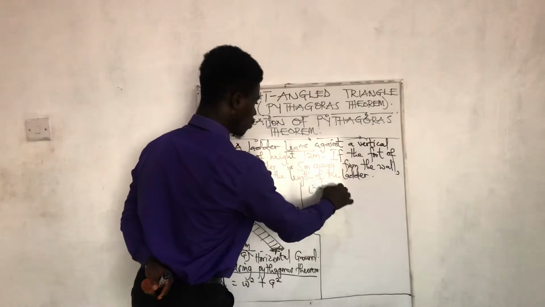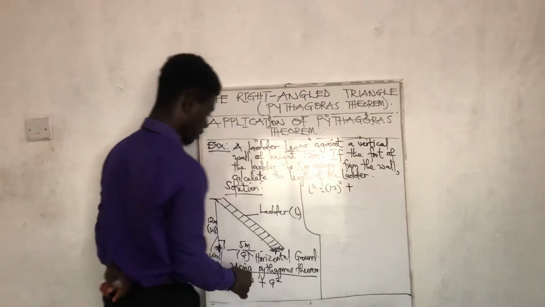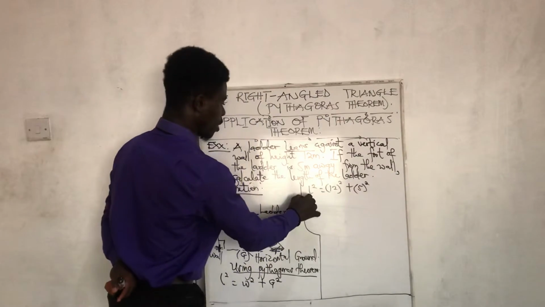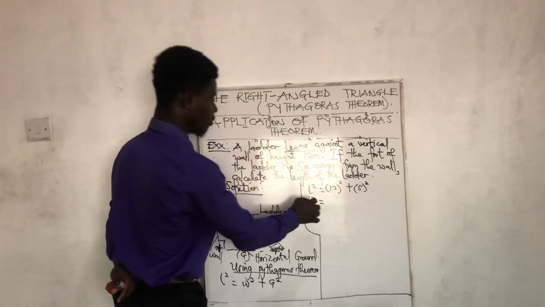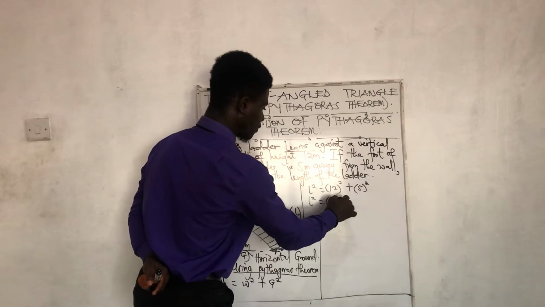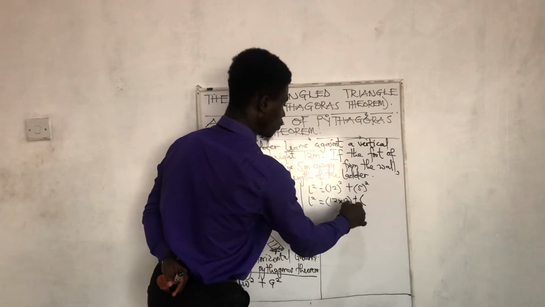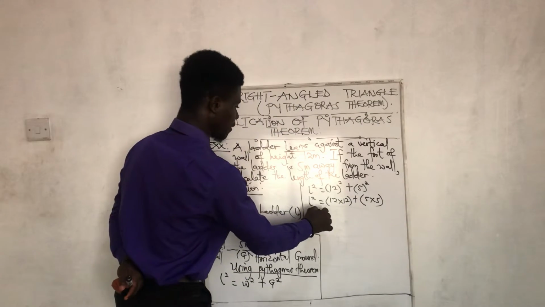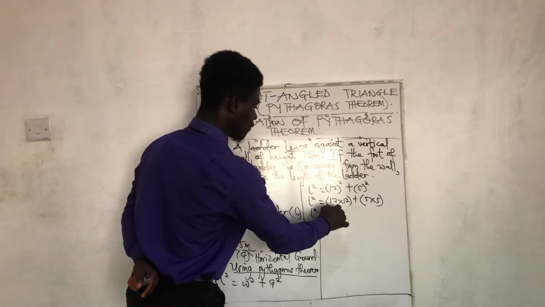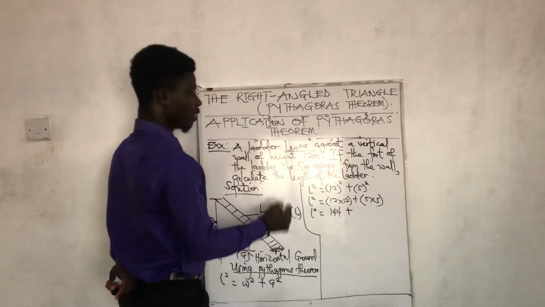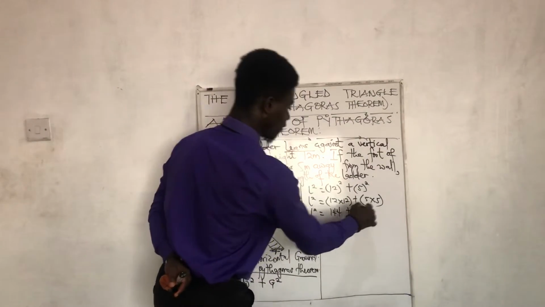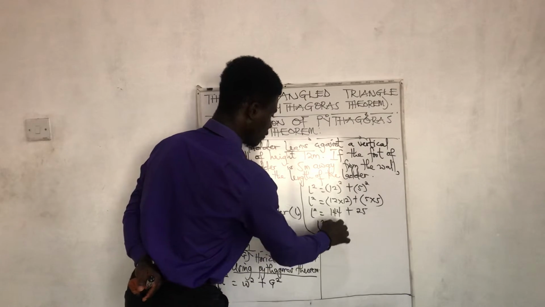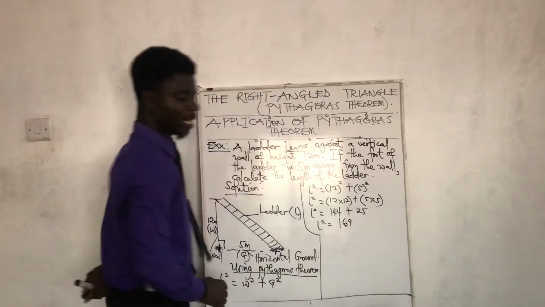So we proceed as L squared equals W is 12, so 12 all squared, then plus G, which is 5 all squared. So L squared equals 12 times 12, 144, plus 5 times 5, 25. So 144 plus 25 gives us 169.